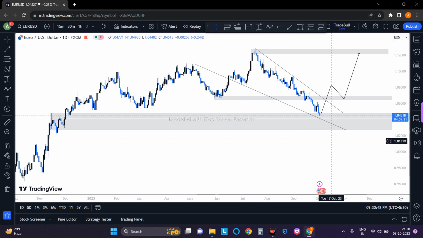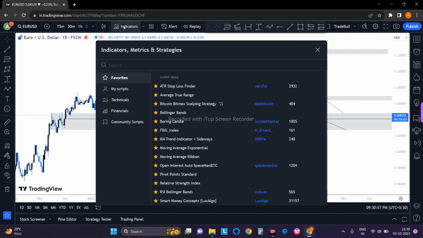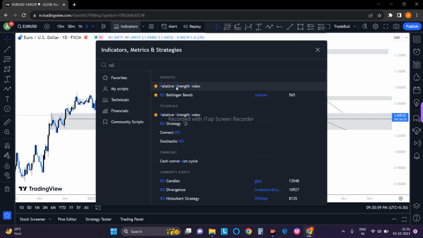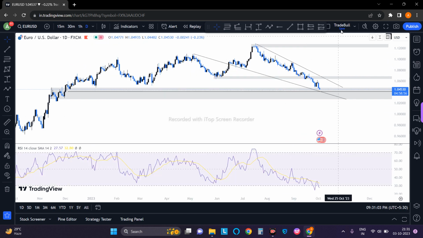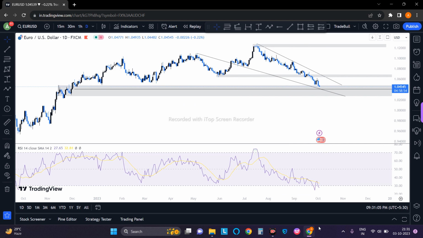And also, I do not basically go with multiple indicators, I don't check indicators, but when I'm thorough with my analysis, I just check the RSI, where the RSI is. Is the price overbought or is the price oversold? So here you can see price is currently within the 30s, right? 27.65.